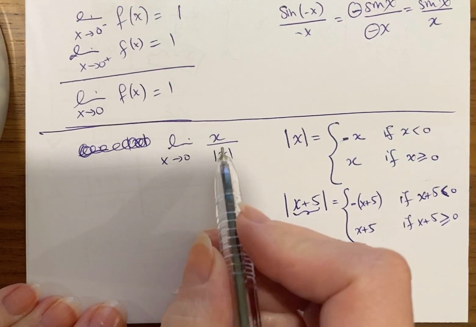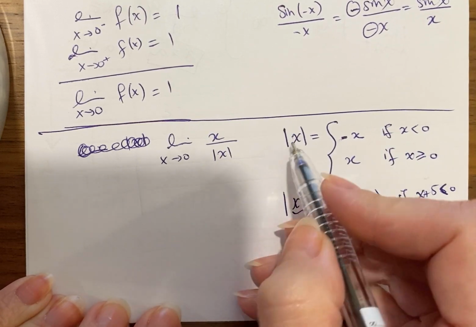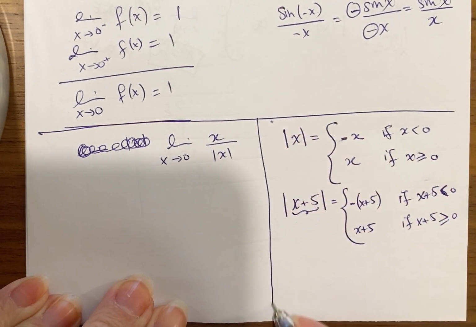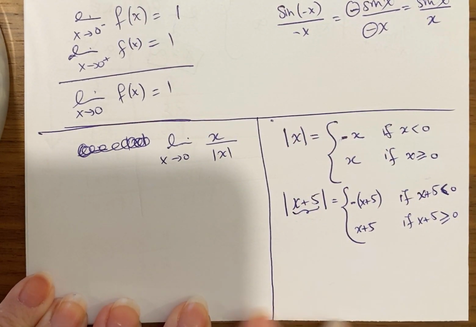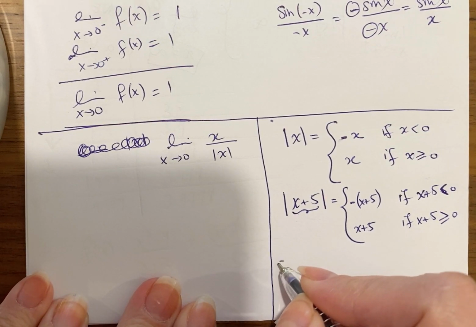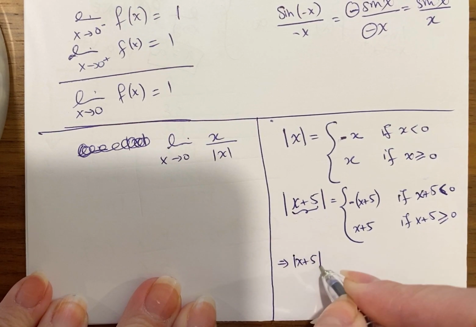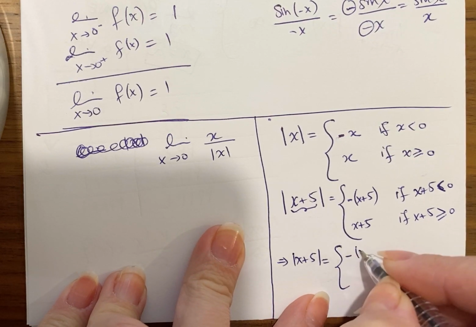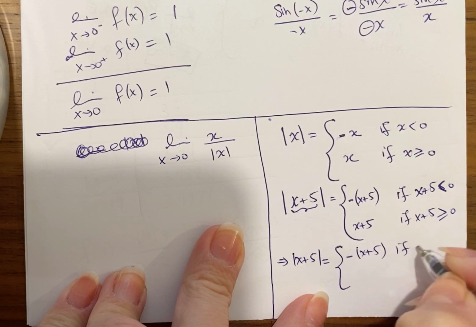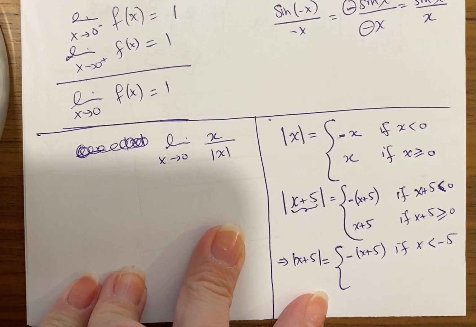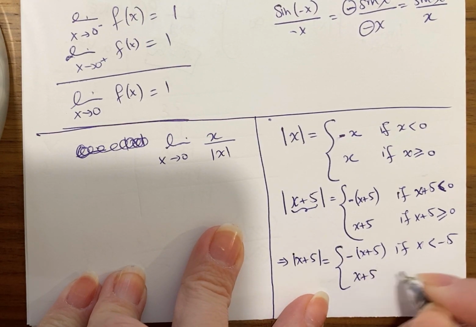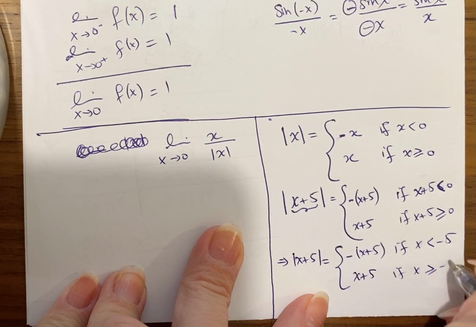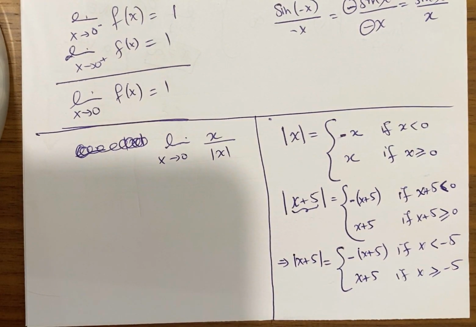I'm talking on the side about absolute values, other than this example, because I really want you to be proficient with absolute values. So absolute value of x plus 5 is minus of x plus 5 if x is less than minus 5. It is x plus 5 if x is greater than or equal to minus 5, not 0.